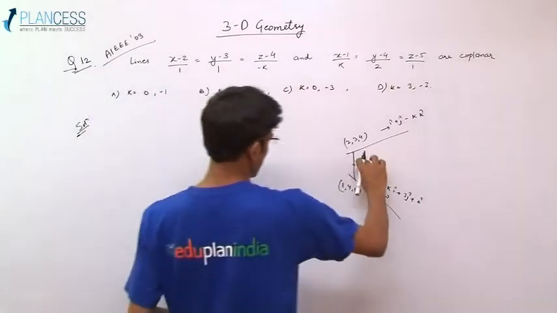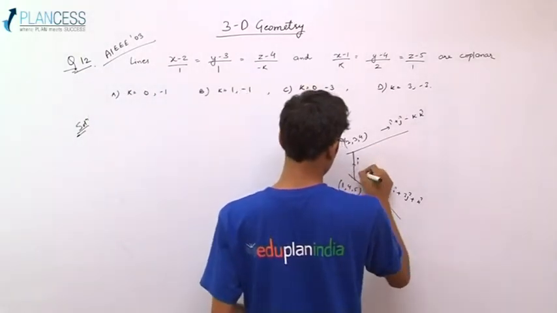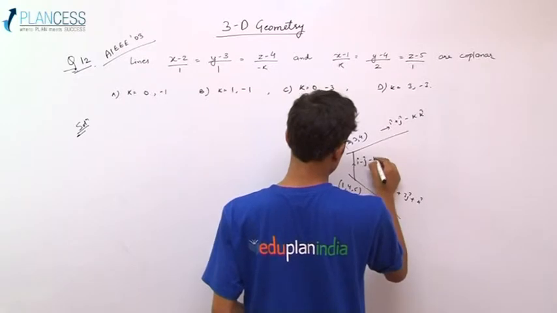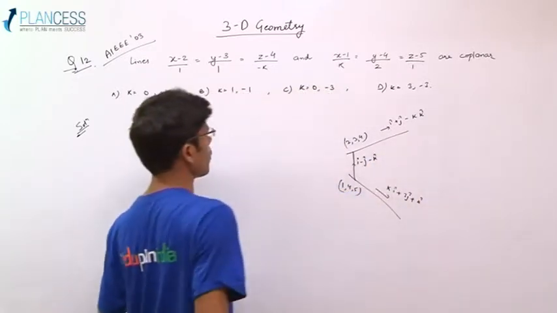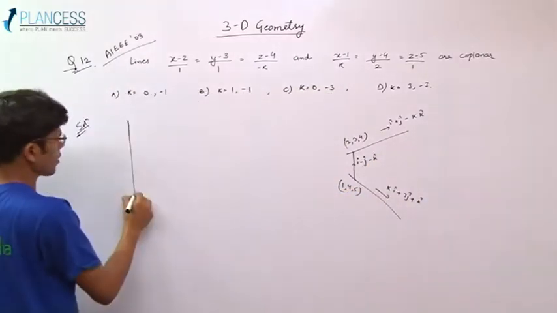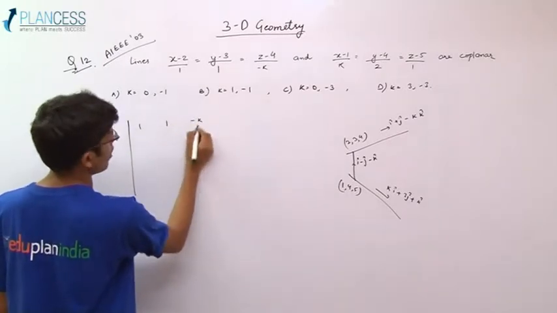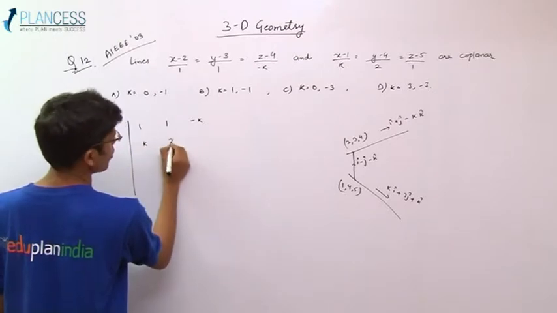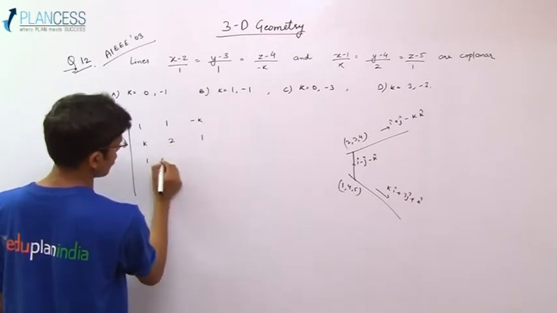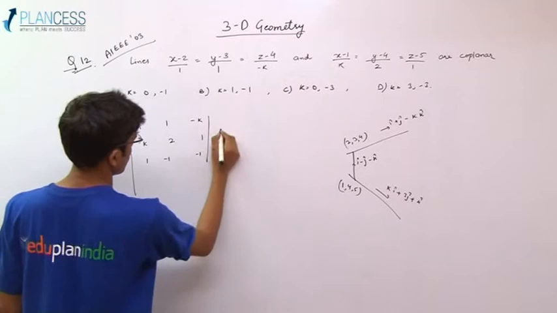And this vector is i cap minus j cap minus k cap. These three vectors are coplanar, then the box product of these three vectors is 0. So the determinant with rows 1, 1, minus k; k, 2, 1; and 1, minus 1, minus 1 is 0.